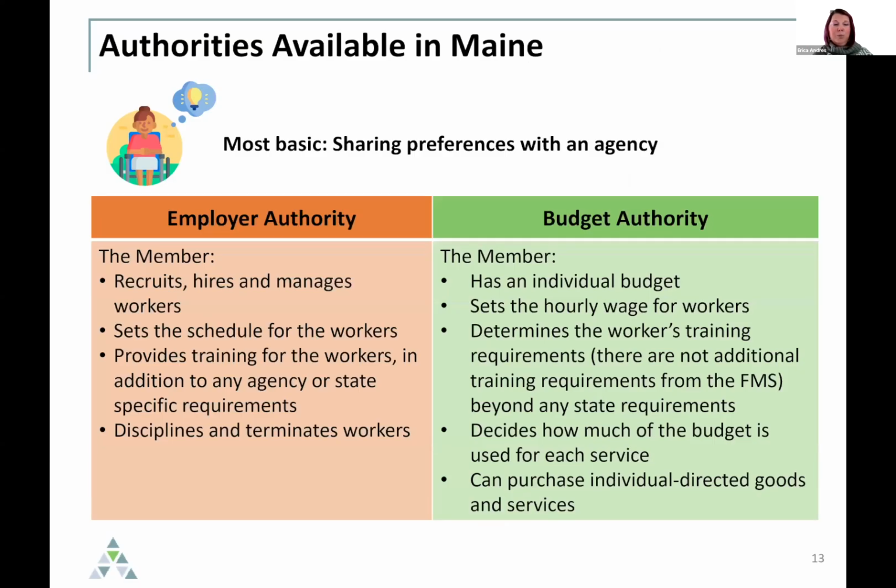The Maine self-direction programs have two authorities. And the word authorities just means things that people in the program are able to do. So with this program in Maine, you have employer authority, which means that you get to recruit, hire, and manage your own workers. You get to set that schedule for the workers. You get to provide training for workers or decide what other training you want.